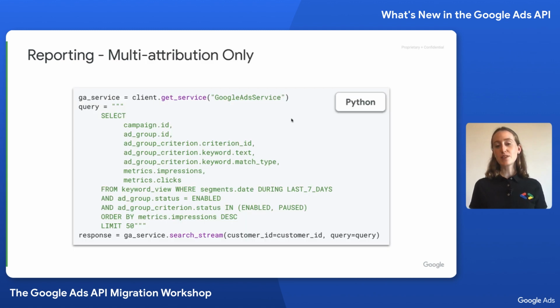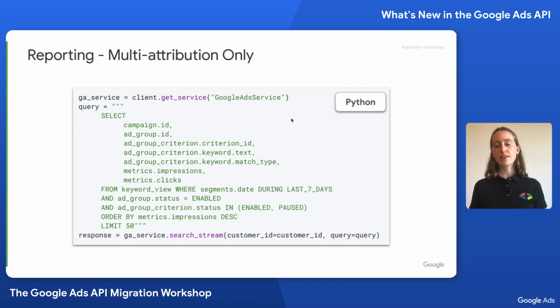One thing that's important to note here is that all reports in the Google Ads API are multi-attribution only, which more closely matches the functionality of the UI. As a reminder, with multi-attribution, at most one criterion for each criterion type that triggered the impression will have the impression recorded for it. Each report in the Google Ads API is specific to a criterion type, like keyword, device, or location.